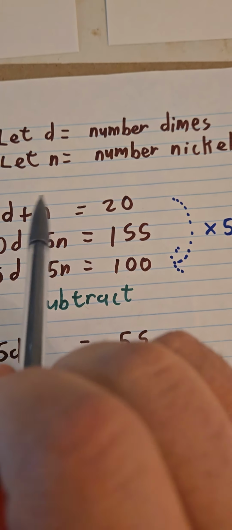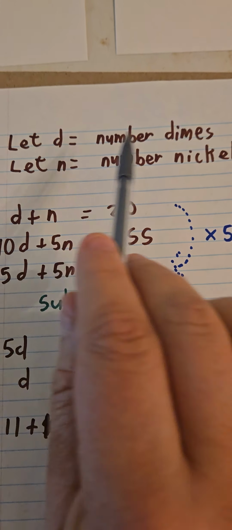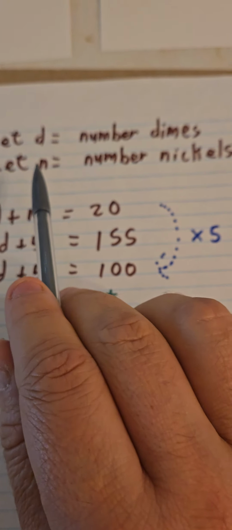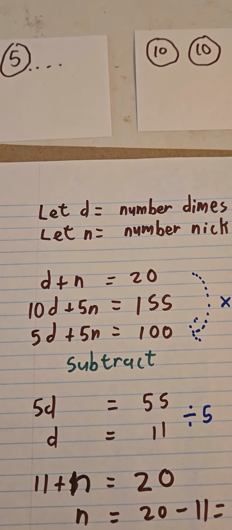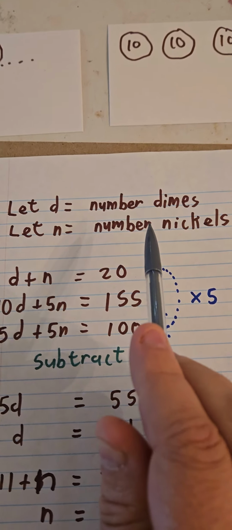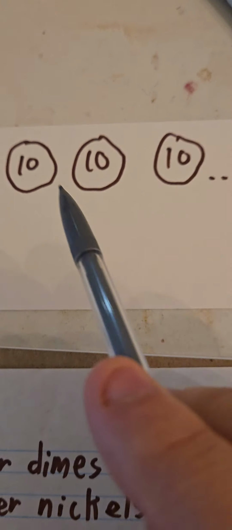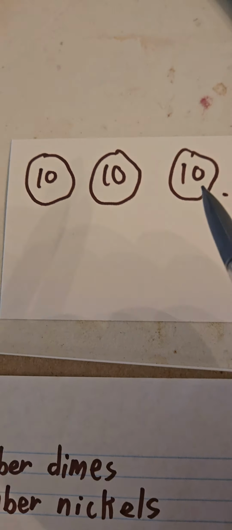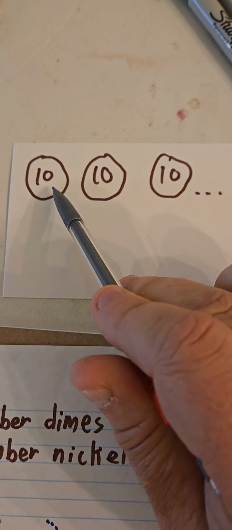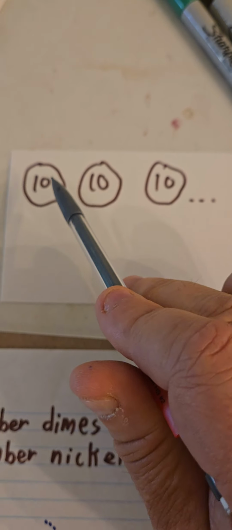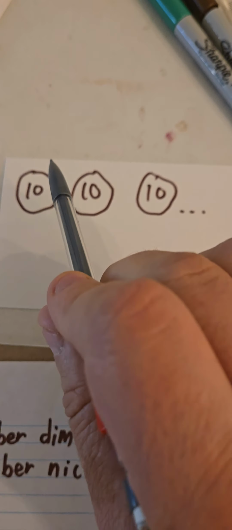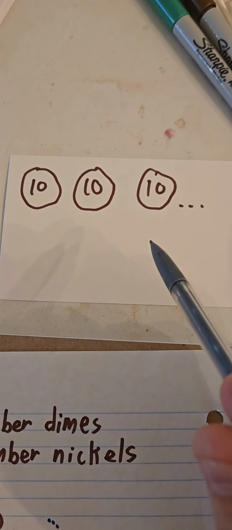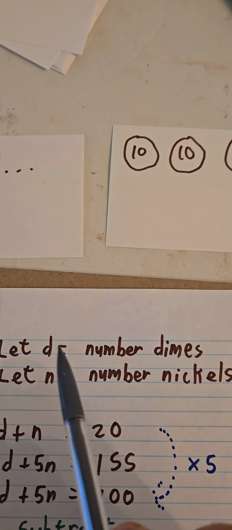To begin with, I let D be the number of dimes and N be the number of nickels. To prevent confusion, D is the number of coins, not the value. If these little tens represent dimes, that's 1 dime, 2 dimes, 3 dimes, 4 dimes. Let's pretend there were lots more; I count them up, 1, 2, 3, 4, 5, 6, 7, 8, 9, and that's what D represents.